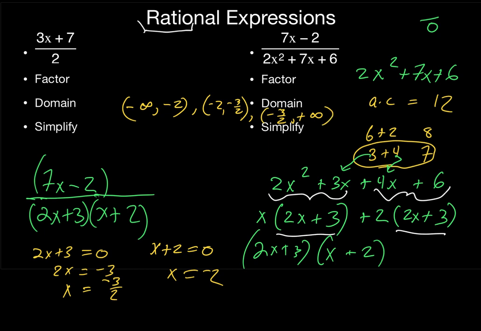All right. If you've not seen that notation before, I'll show you what that means in just a second. But the other way to say this is x cannot equal negative 2, x cannot equal negative 3 halves. And then it will be every other number except for those two.